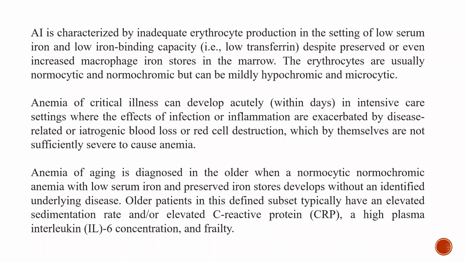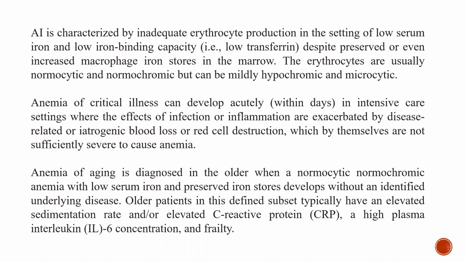Anemia of critical illness can develop acutely within days in intensive care, where the effect of infection or inflammation is exacerbated by decreased production, iatrogenic blood loss, or red cell destruction.